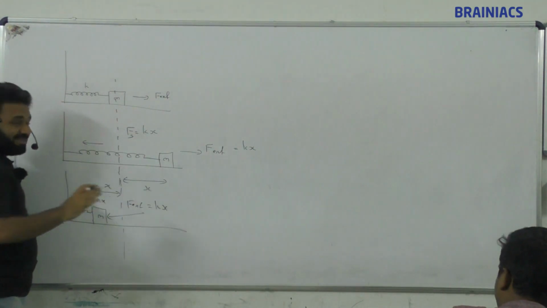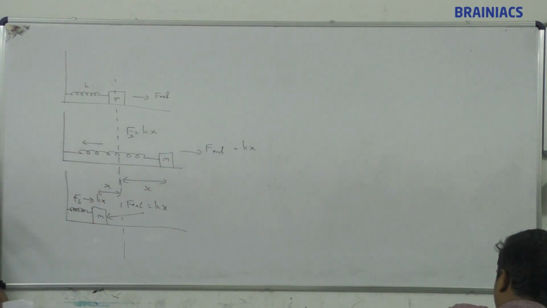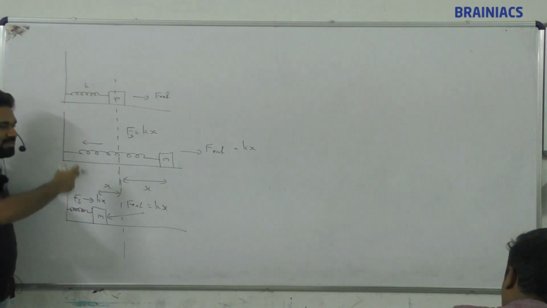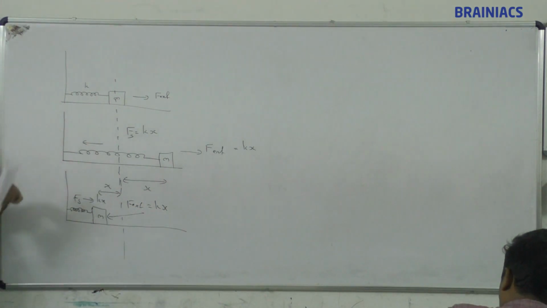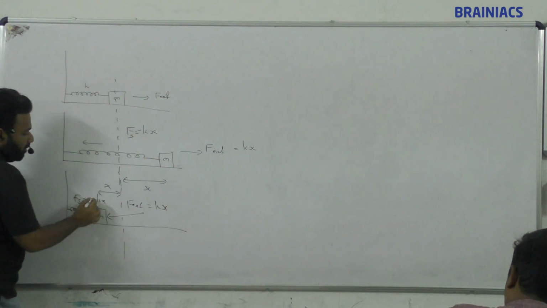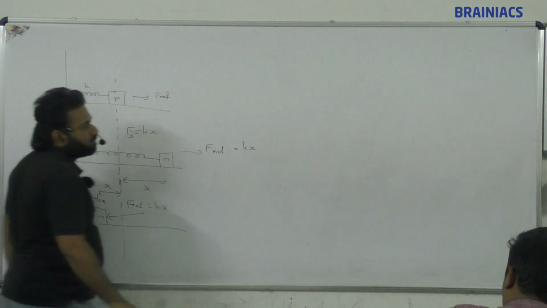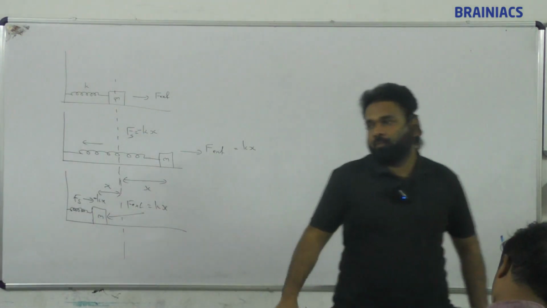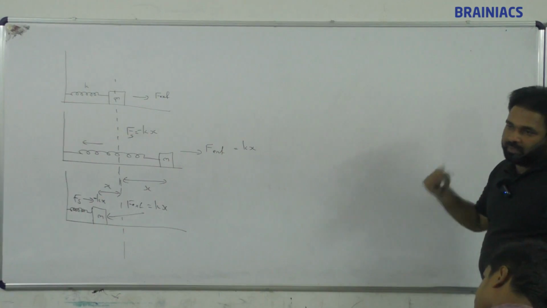The magnitudes of external force and spring force are the same, but the direction is different. Since the spring force acts as a restoring force to bring back the original dimension, we always put a minus kx for spring force, not for external force.